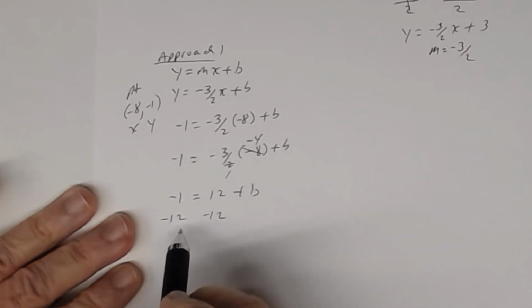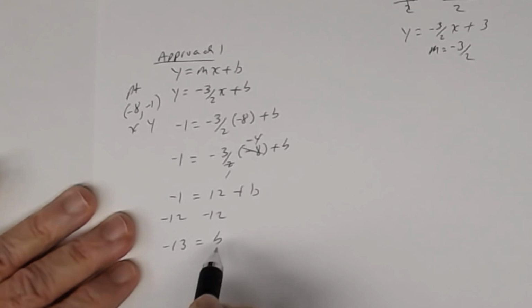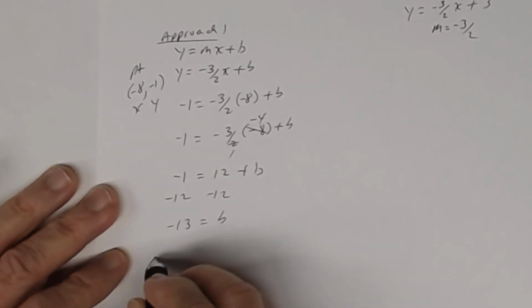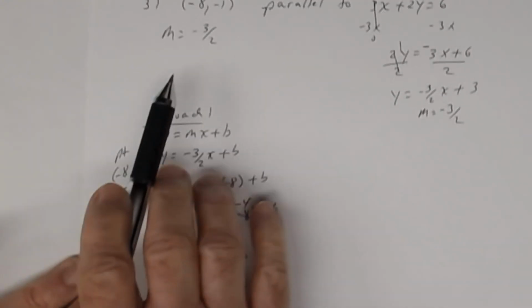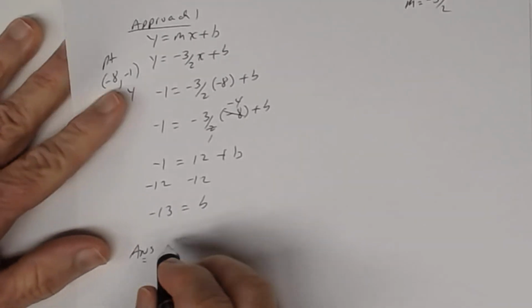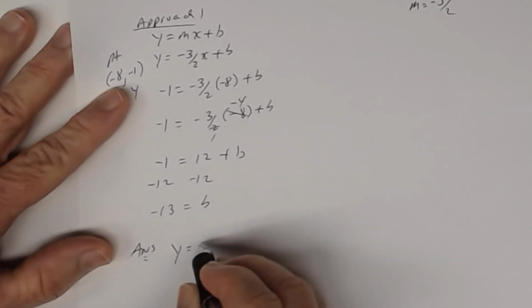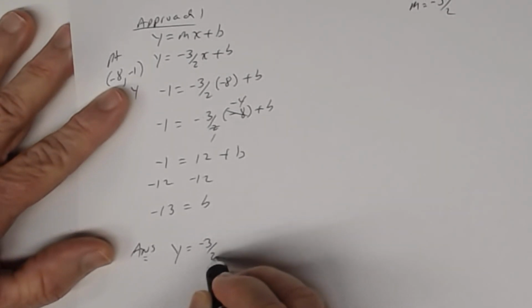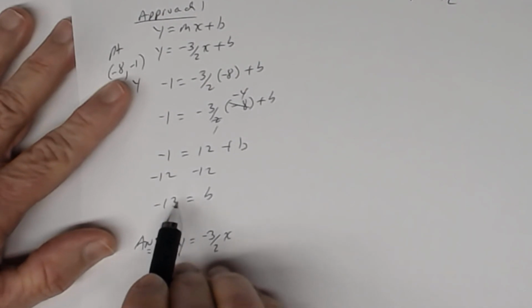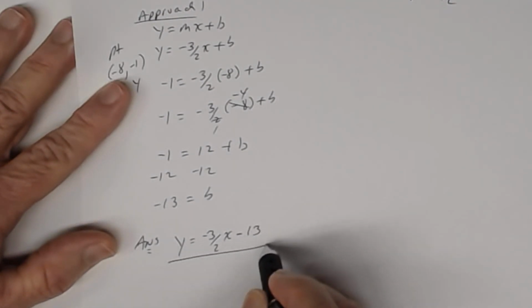A negative 1 and a negative 12 is a negative 13 equals b. So you found your y-intercept now. Therefore the equation of this line that contains this point and has this slope is going to be y equals, you must say y equals, the slope, which is negative 3 halves x, and then b here is negative 13, so we say negative 3 halves x minus 13.